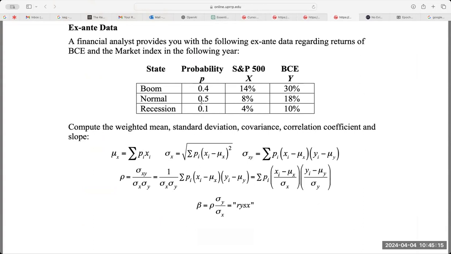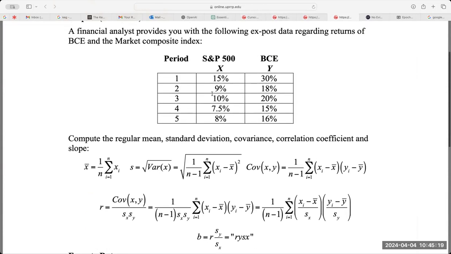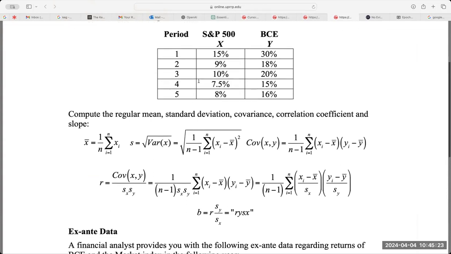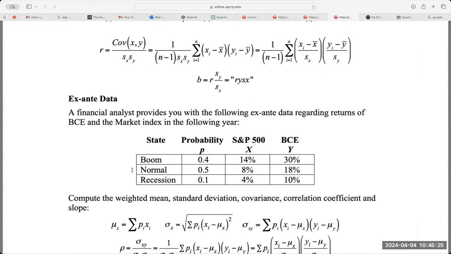When you're given states of the world and there's a P, that's how you know. There's no P here, you see, because each of these is equally likely and it's historical data. So this will be given to you as ex ante, as predictive data of a distribution of outcomes.